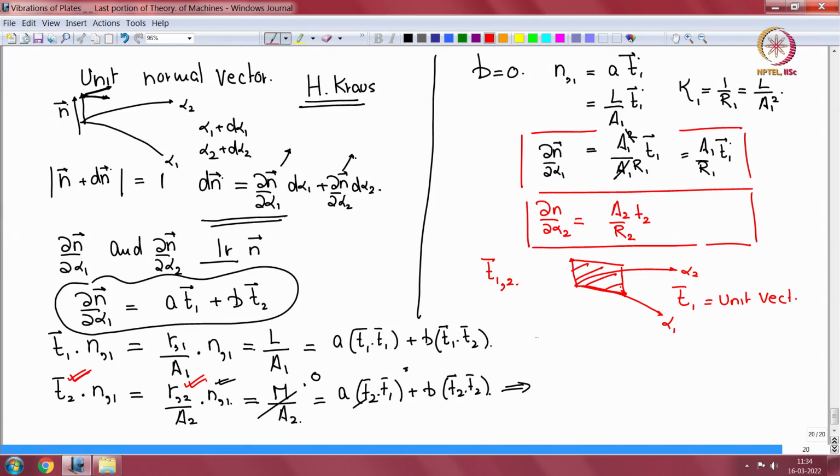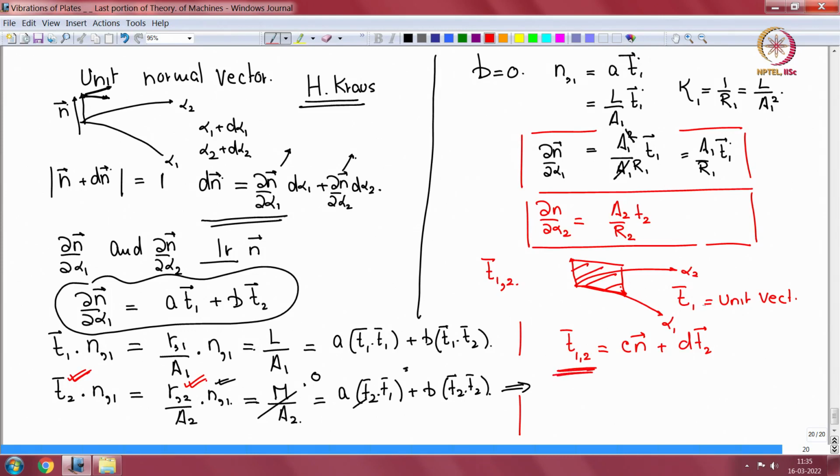So T12, I will write as a component in the normal direction plus a component in the other direction.